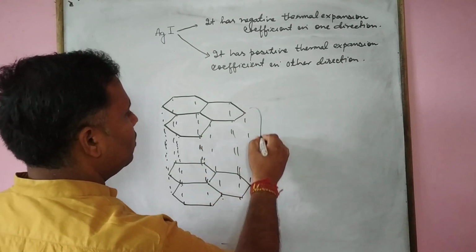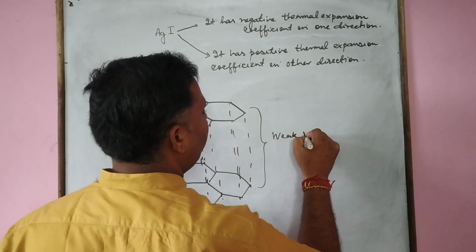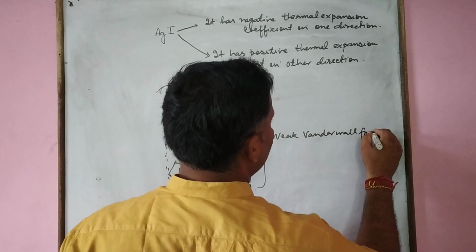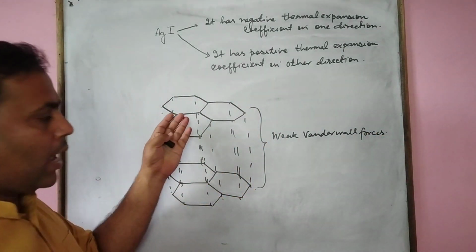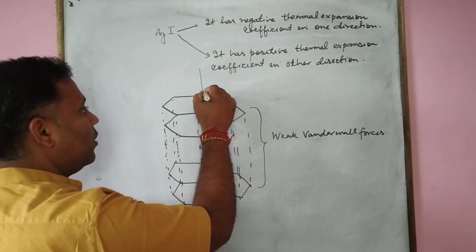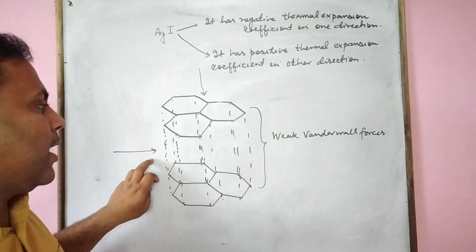It means it has higher strength if you want to break from this direction, but it is quite easy to break from this direction.